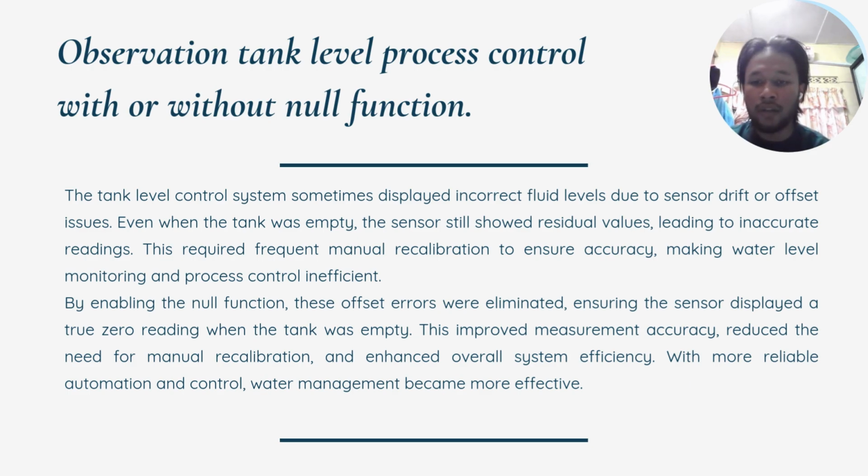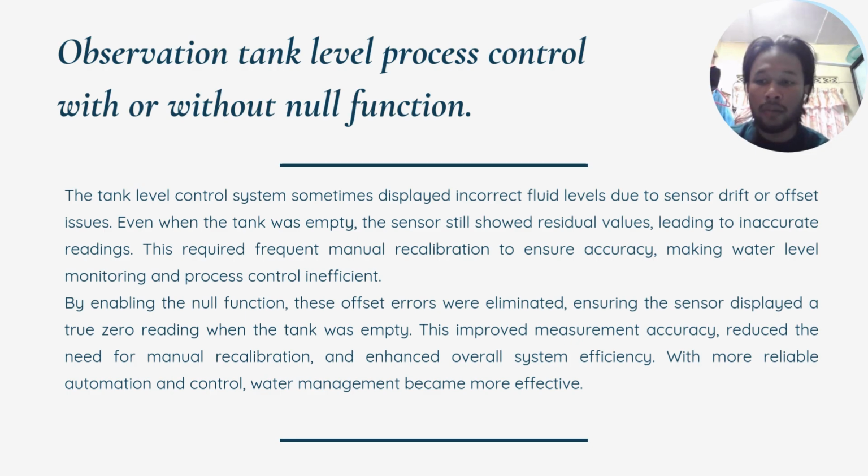Even when the tank was empty, the sensor still showed residual volume, leading to inaccurate readings. This requires frequent manual recalibration to ensure accuracy, making water level monitoring and process control inefficient.